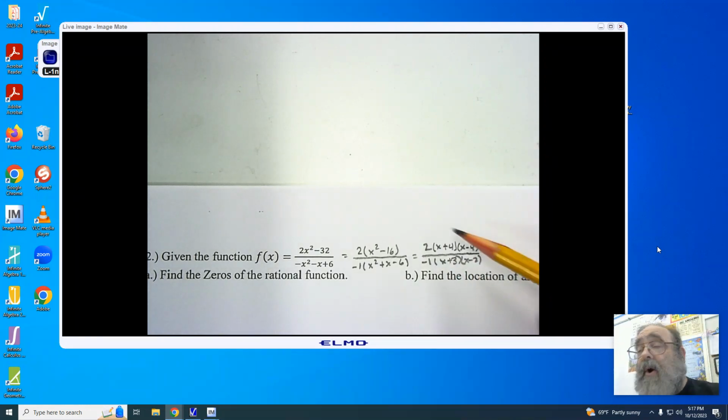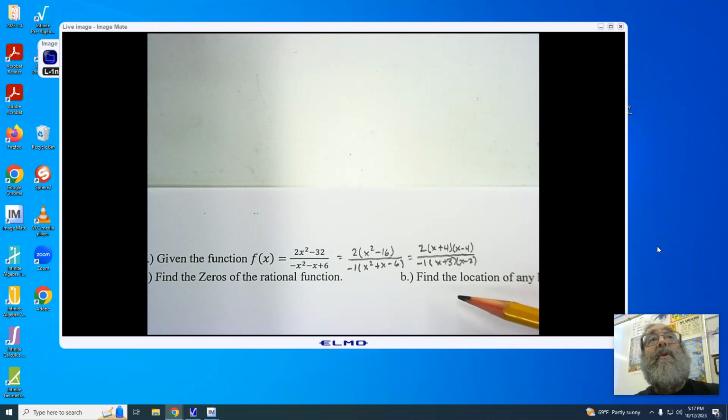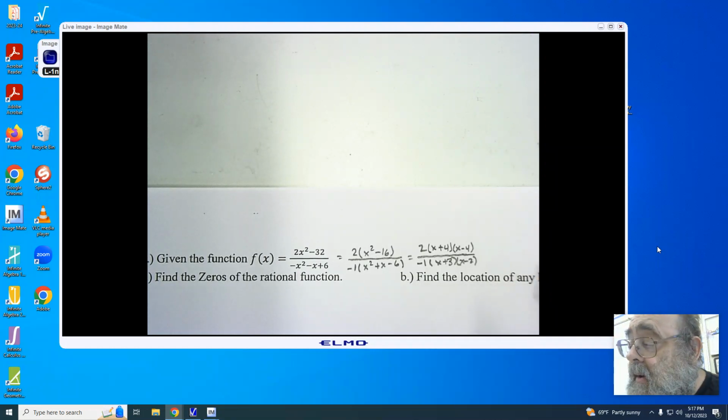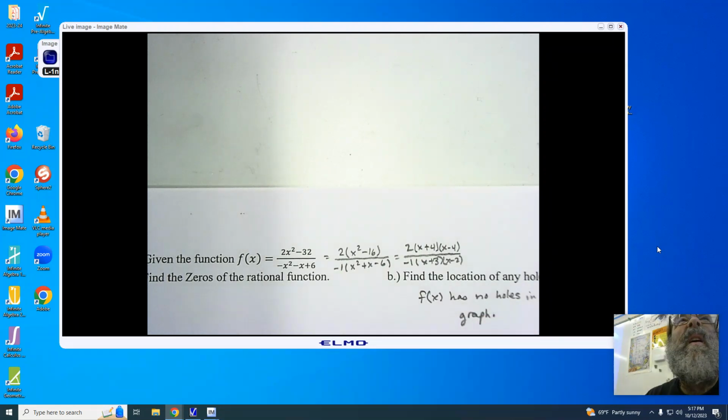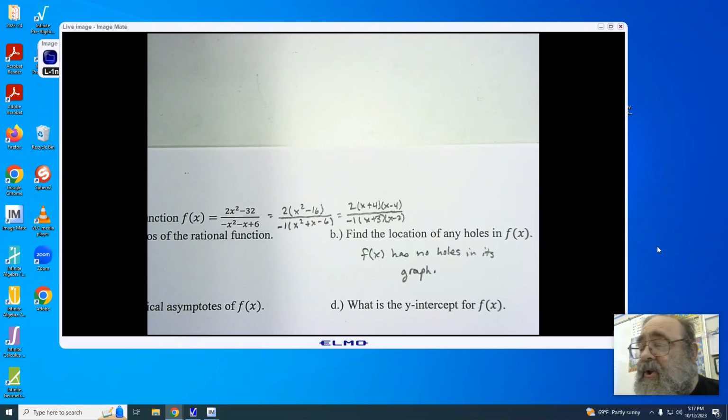Now you'll notice there are no factors that are shared between the numerator and the denominator, and as such, f of x has no holes in its graph. And there's the first question.